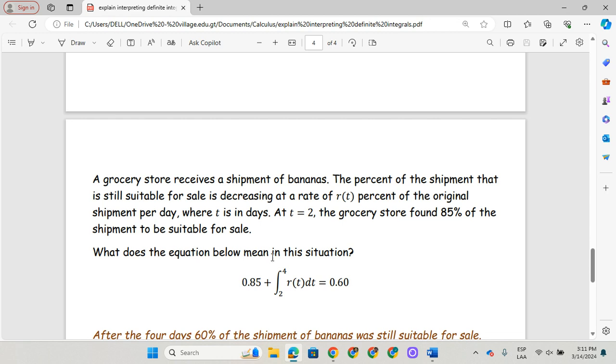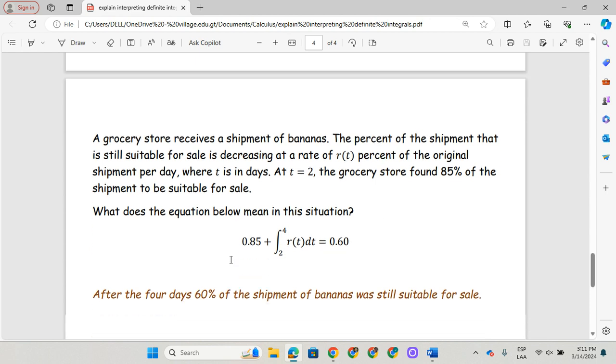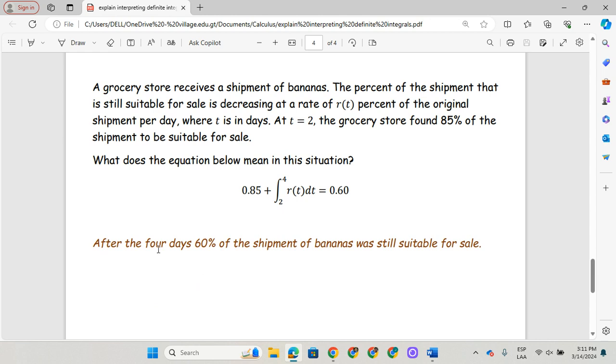What does the equation below mean in this situation? 0.85 plus the definite integral from 2 to 4 of r of t dt is equal to 0.60. Okay, so at time 2 it was 85%, there's 0.85. So this means that after 4 days, 60% of the shipment of bananas was still suitable for sale.